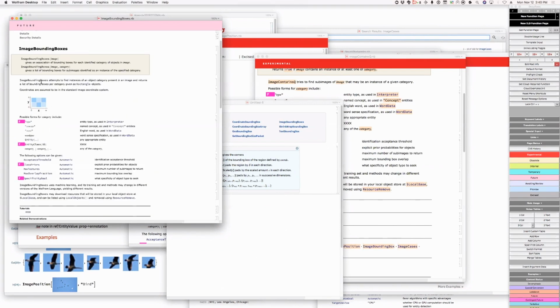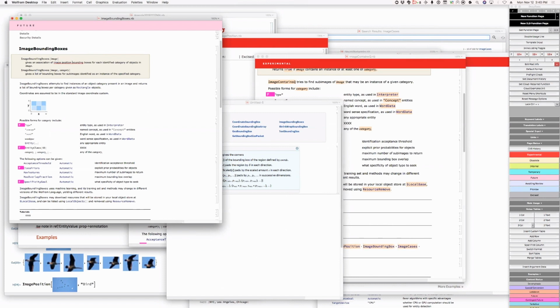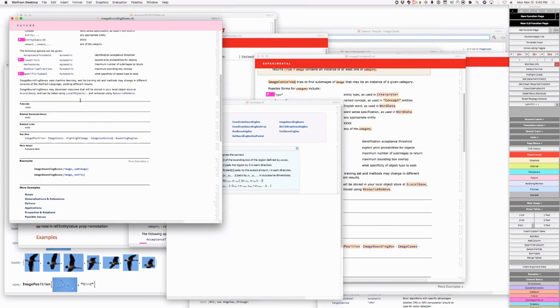Okay, so gives an association of bounding boxes of image position bounding boxes. Is that what it is? Or are they rectangles? No, they are rectangles.